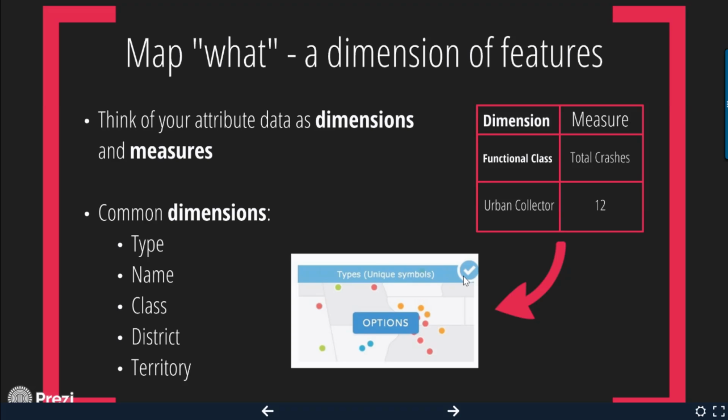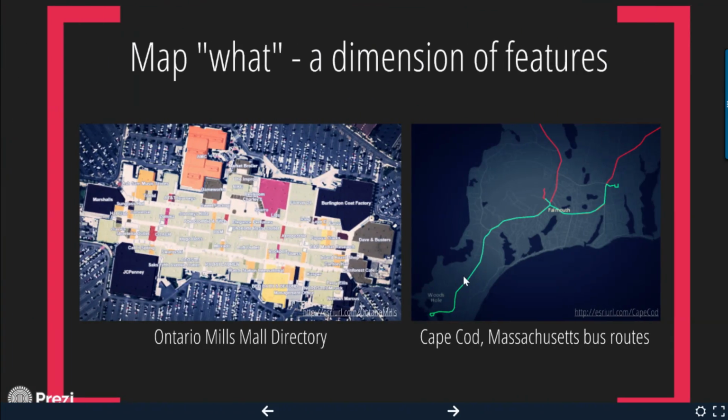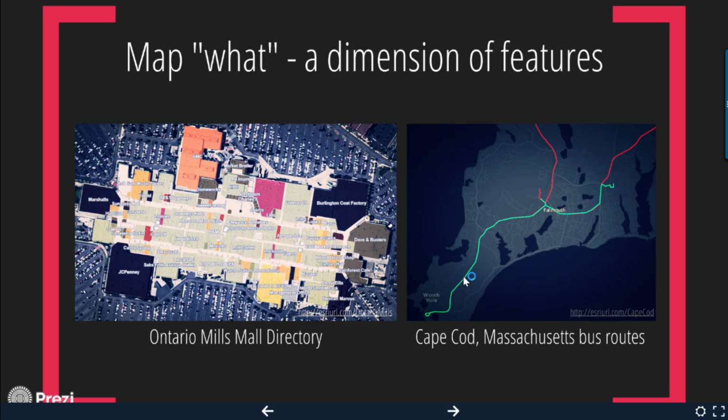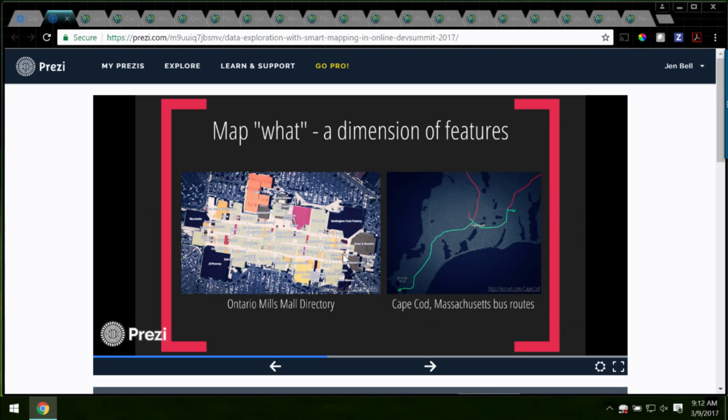And when you add your layer to the ArcGIS Online map, there will be a drawing style called type. So this is an example of what, if your data is a type data. So we can go into a couple examples. One is the Ontario Mills Mall directory, and the other one is bus routes.